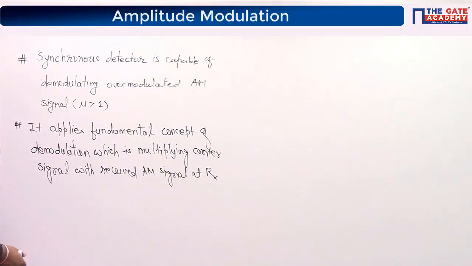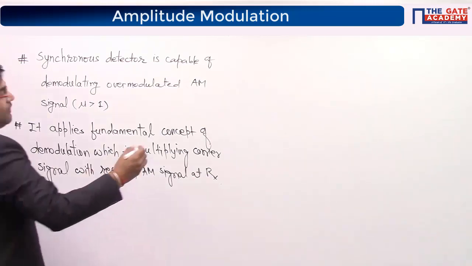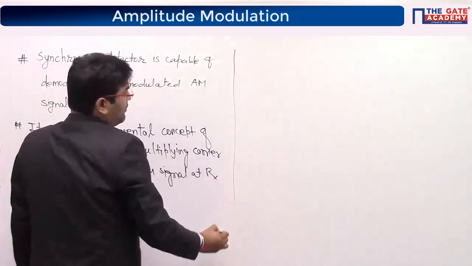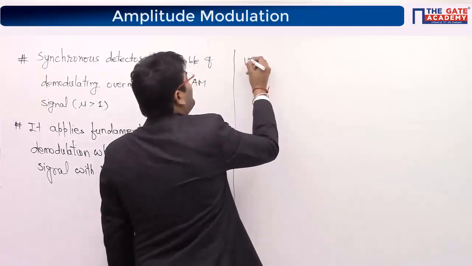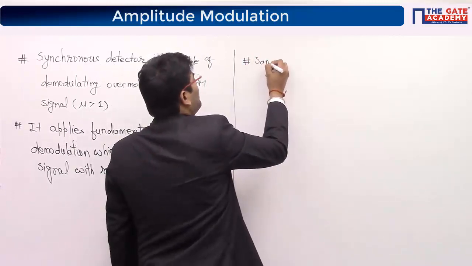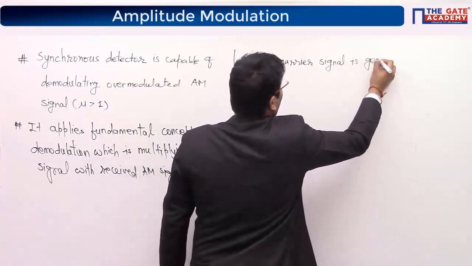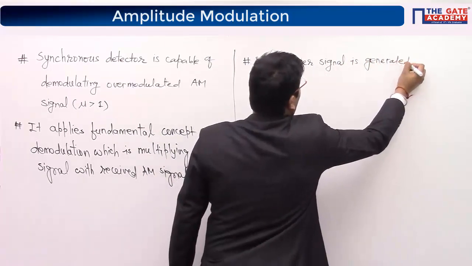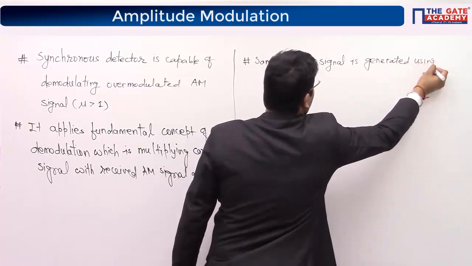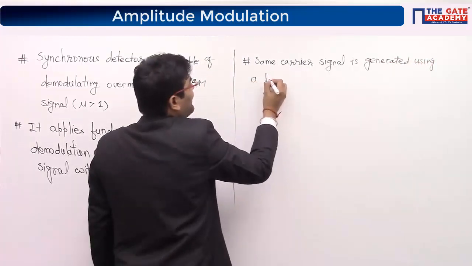And how do you generate the same carrier signal? So the last point on this: the same carrier signal is generated using a local oscillator.